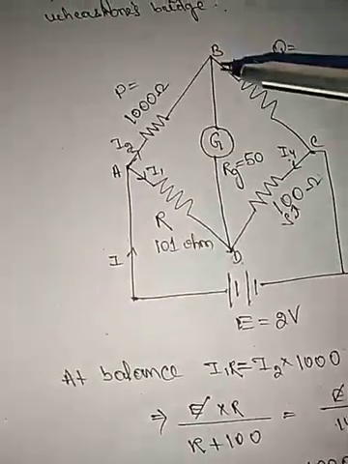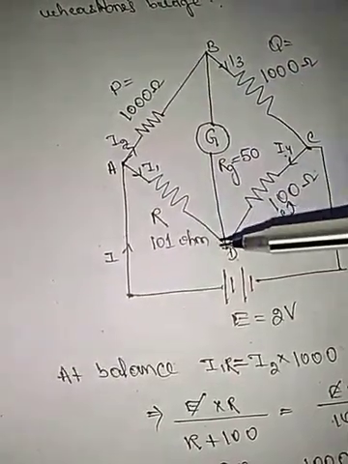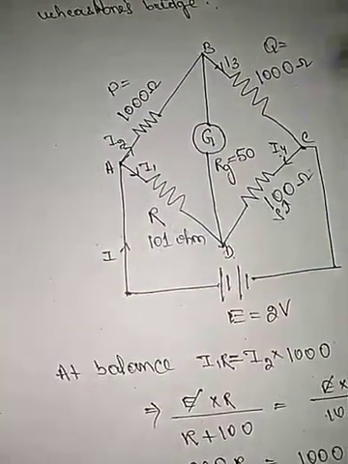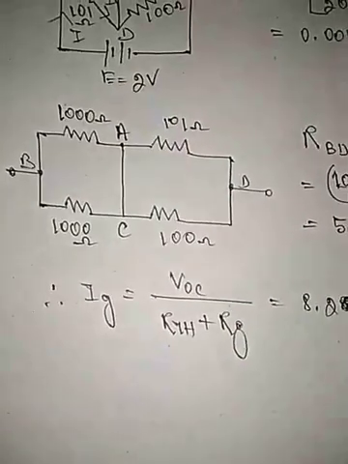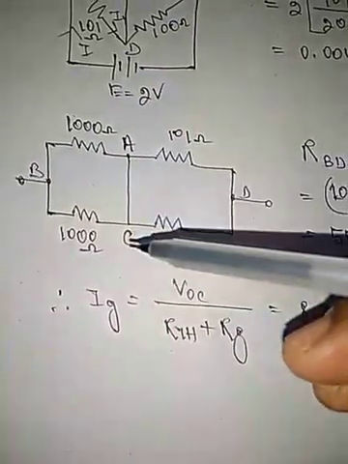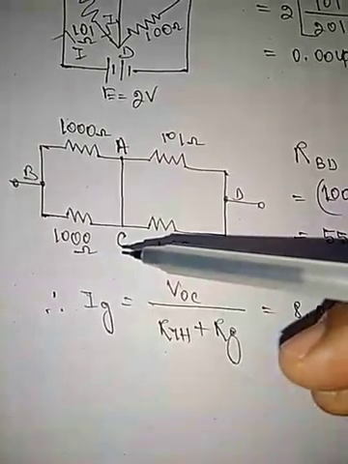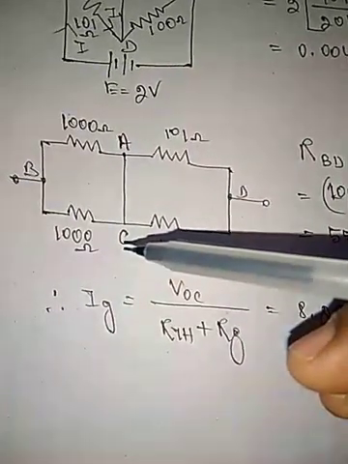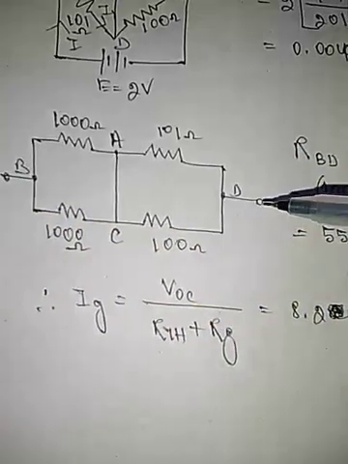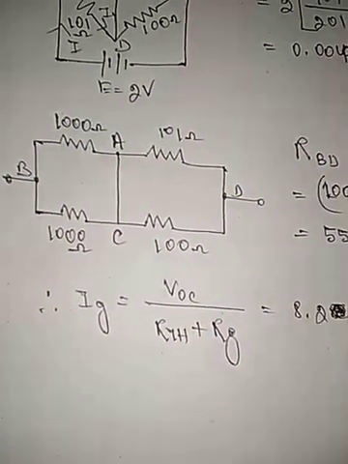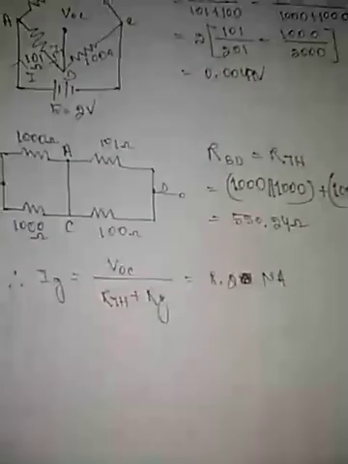So I open the BD terminal and short circuit the AC terminal. So the simplified circuit is this one. I short circuit the AC terminal where the voltage source or battery E is present, and open circuit the load terminal BD where the galvanometer is present, and find RTH.